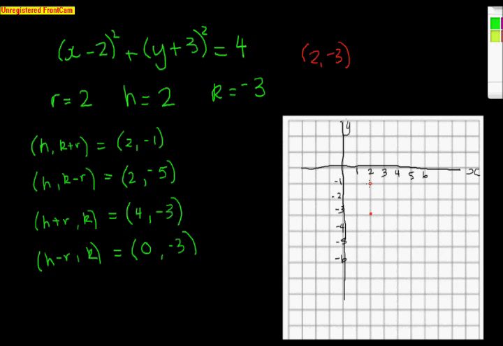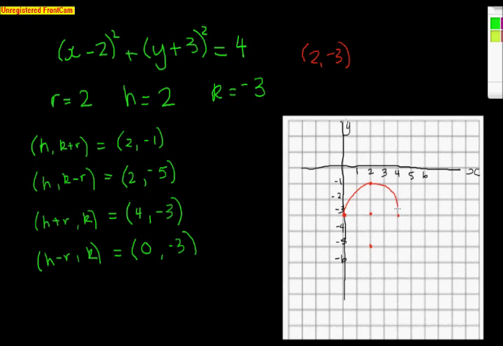Then we've got 2, negative 5, 4, negative 3, and 0, negative 3. You'll notice our radius, from our center out to any point, is a length of 2. So our coordinates are correct.